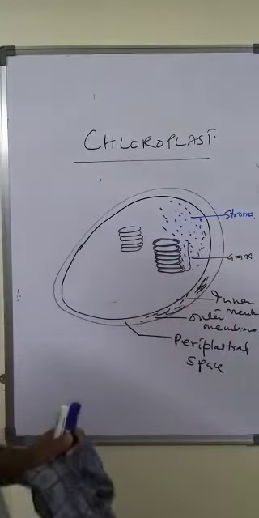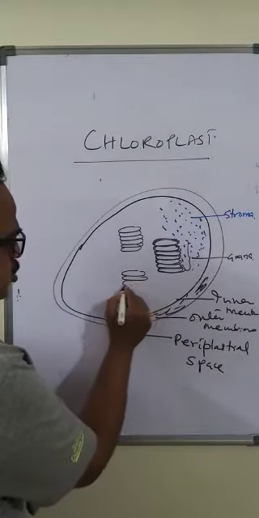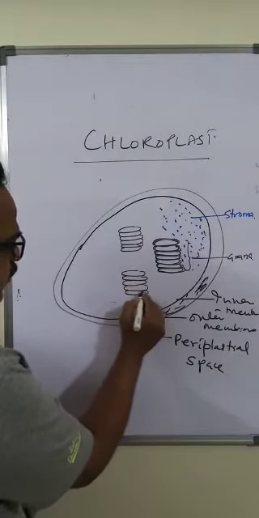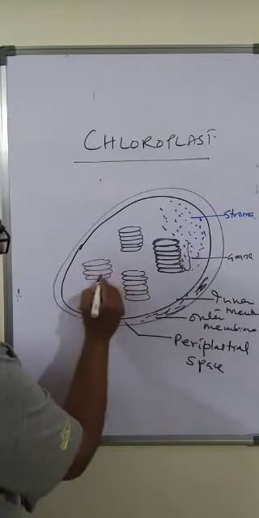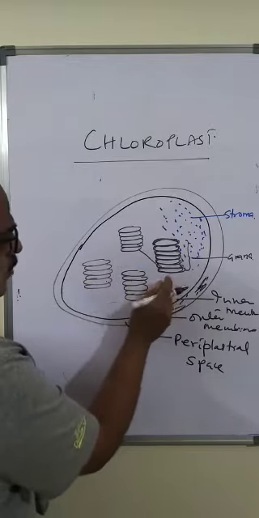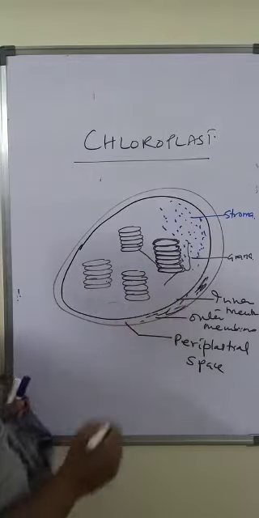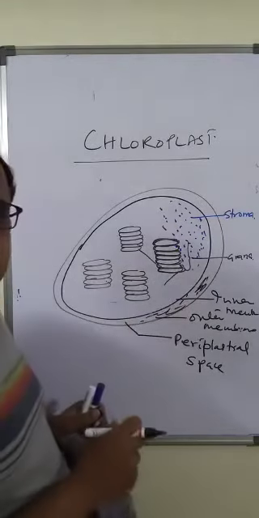In each chloroplast, nearly 15 to 20 grana are present.